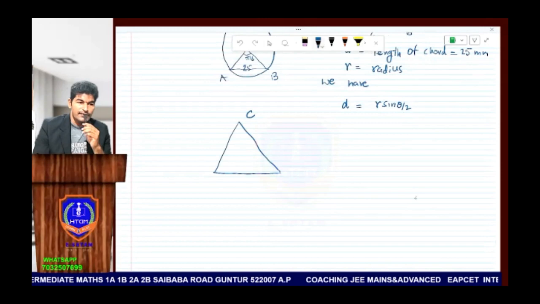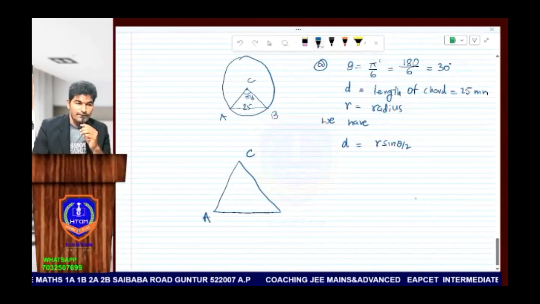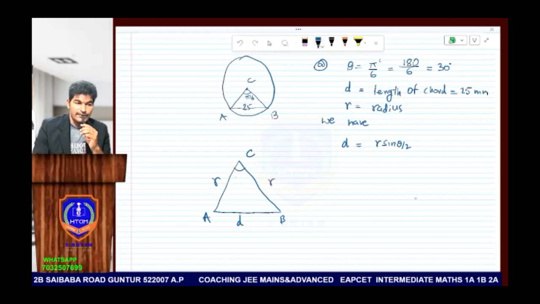Let's suppose this is C, as you can observe the triangle which exists in the circle, and this vertex is A, this vertex is B, and this is R, and we are saying this is D. Since this is an isosceles triangle, if you draw an angular bisector, let's suppose this is theta, then it will be D by 2, because the angular bisector cuts the opposite side at the midpoint.